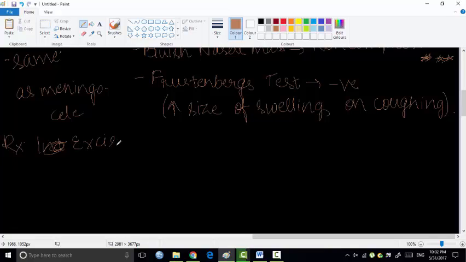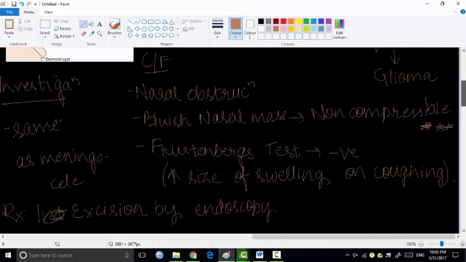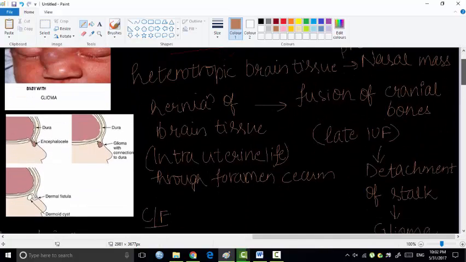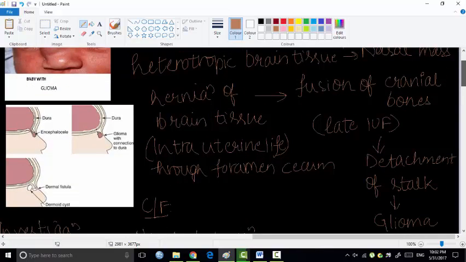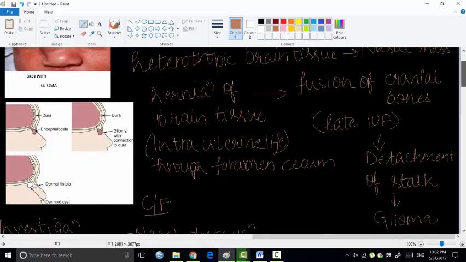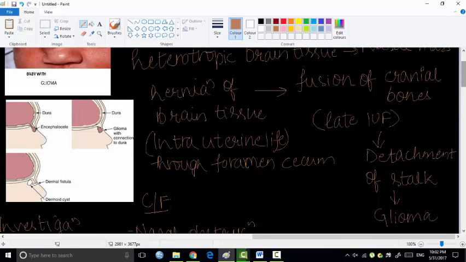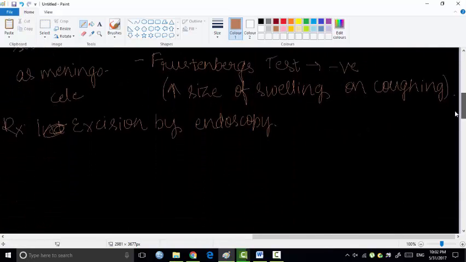This excision can be done by endoscopy, right? Here there is herniation of the brain tissue in the intrauterine life, and this leads to fusion of cranial bones. When it occurs in the late intrauterine life, this leads to detachment of the stalk, which leads to the formation of glioma. So these are the clinical features, diagnosis and treatment of glioma.